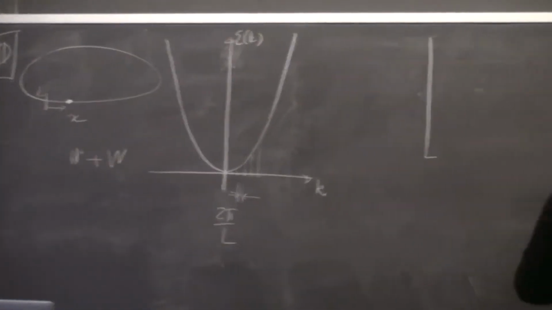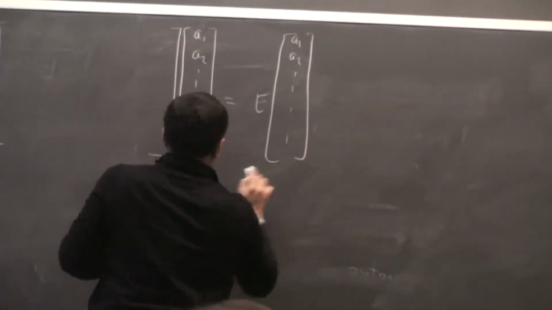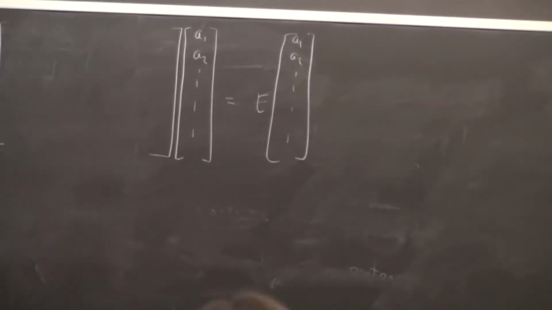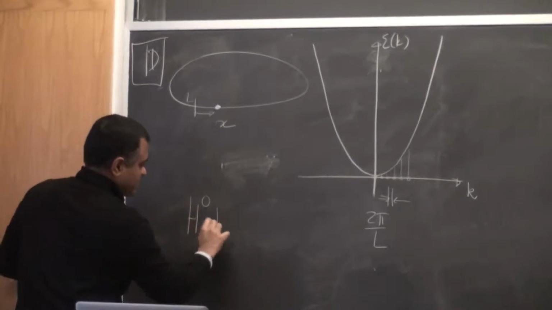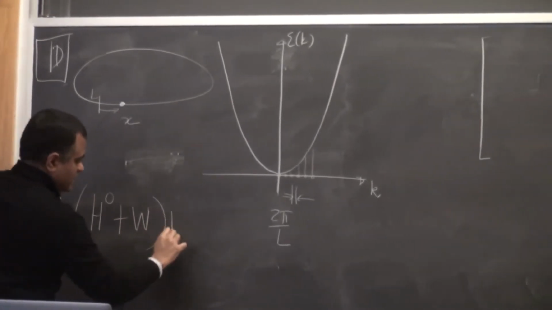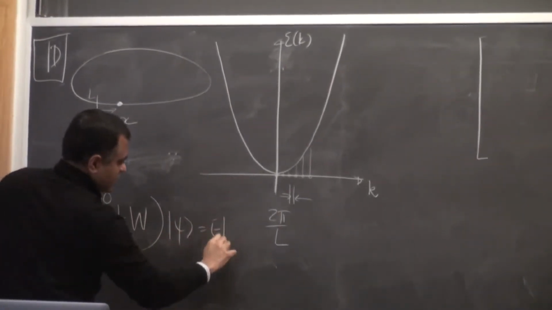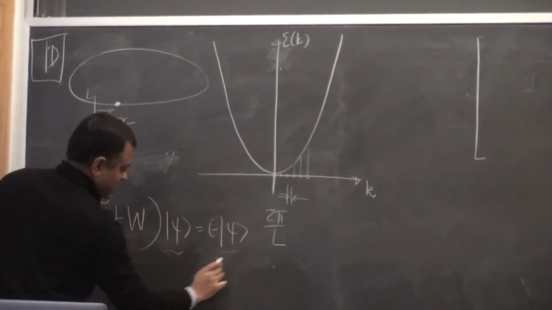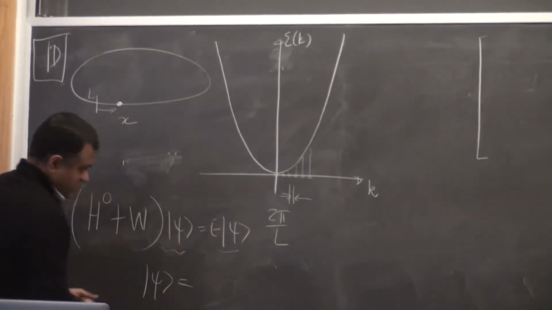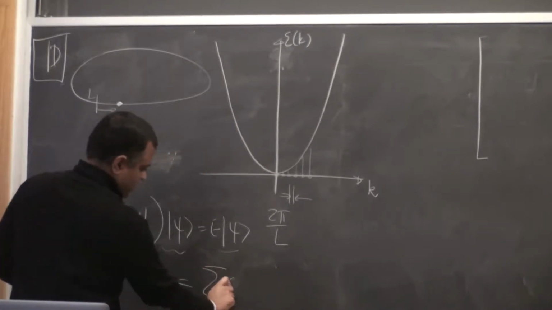My new state that I'm trying to find satisfies H0 plus W acting on psi equals E psi. So I'm trying to find my new eigenstate psi, and I'm writing it as a linear superposition of all the old states.